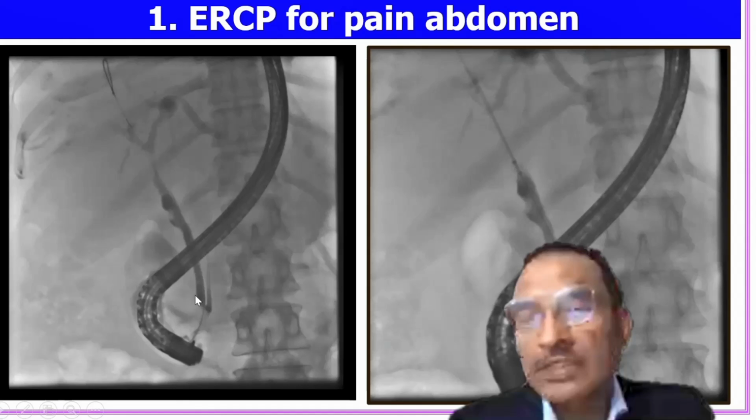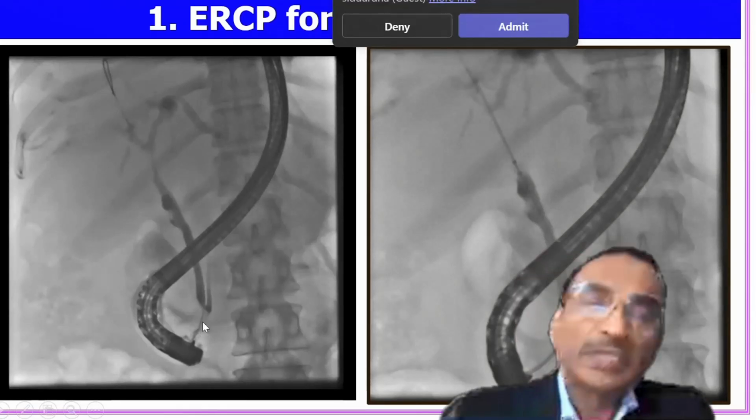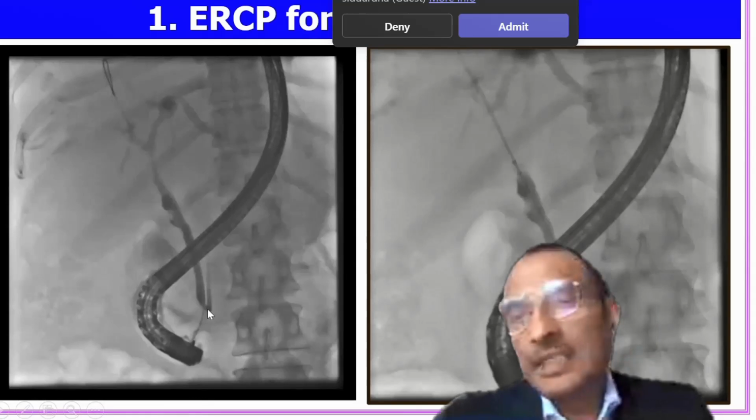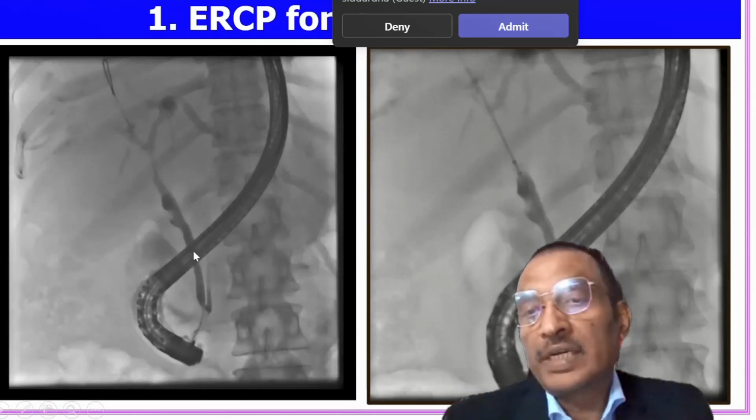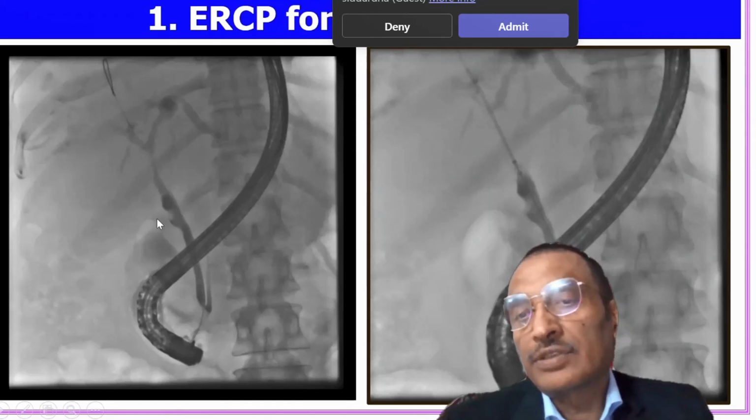But the secondary criterion is more important: if the common channel is ectatic, then it will be a long common channel. And a long common channel has certain associations, like carcinoma gallbladder; it has a very strong association.